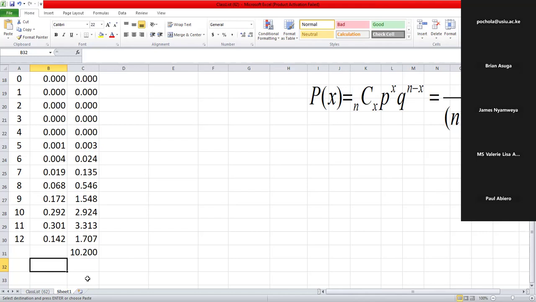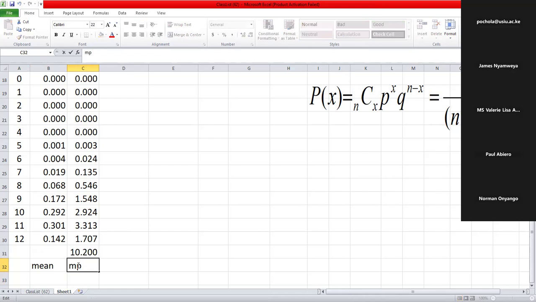Now, alternative method, the easiest. For binomial, the mean, you don't have to do what I've done there. The mean is basically n times p. For binomial, mean, I'll just write in words here, is n times p. That is the number of times that experiment was done times the probability of success. This experiment was done 12 times. The probability of success was 0.85.